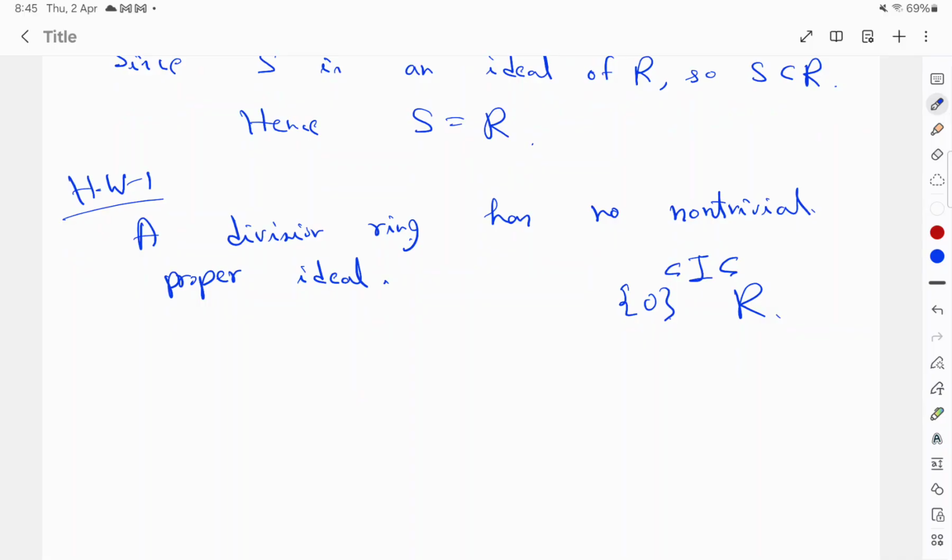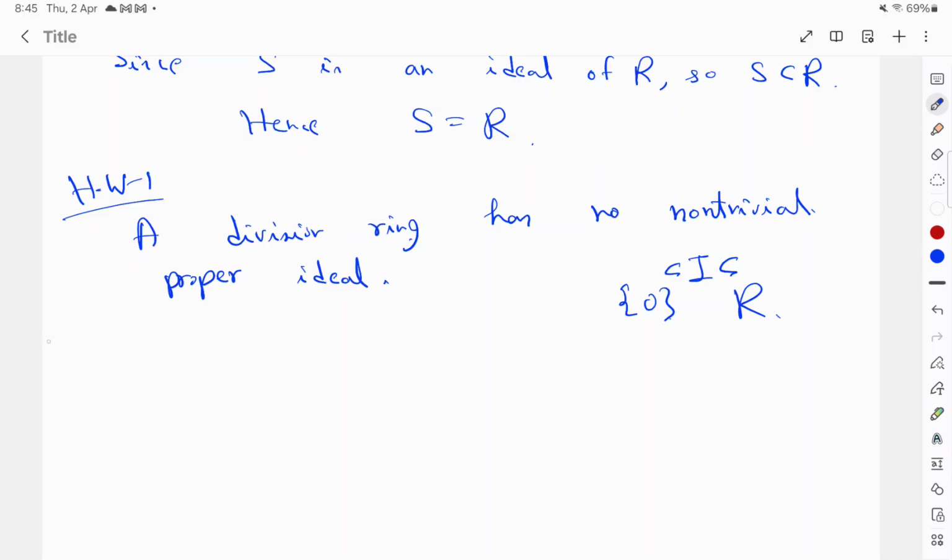Okay, now obviously you know your field is actually a division ring, right? So you can say a field also has no non-trivial proper ideal, right? You know, in a division ring, if you add the commutative property, that becomes a field, right? So a field also has no non-trivial proper ideal.